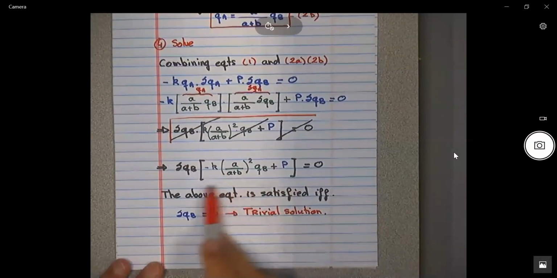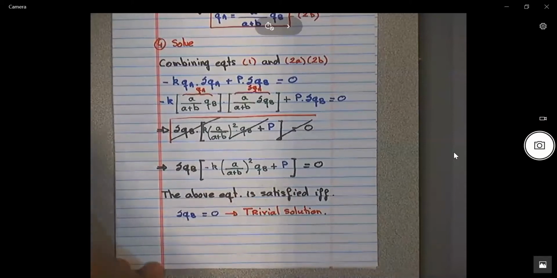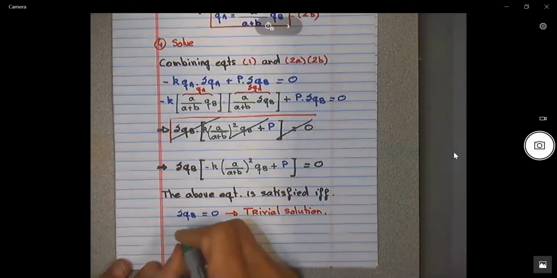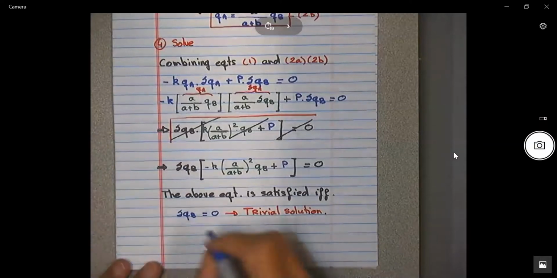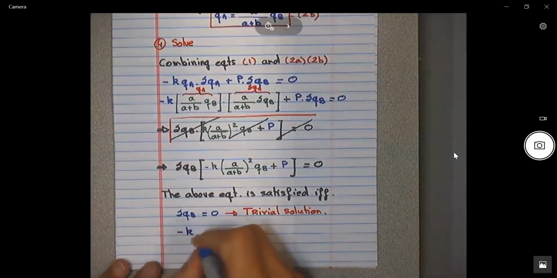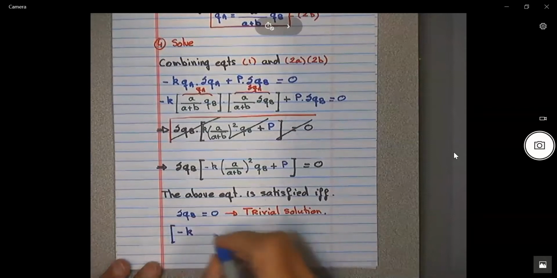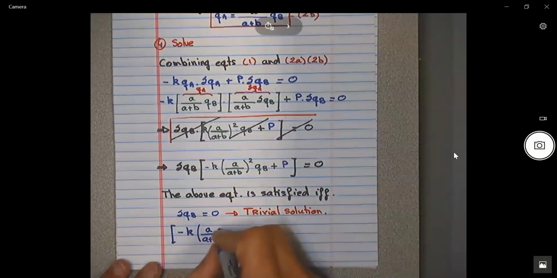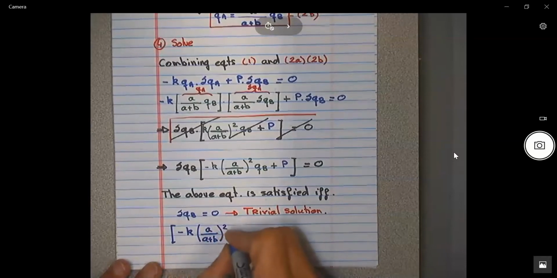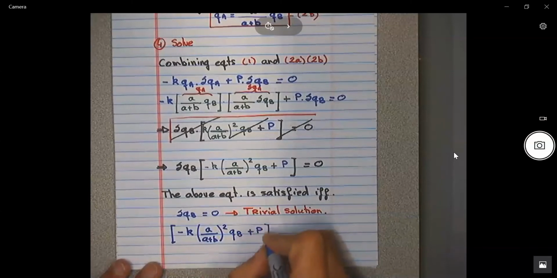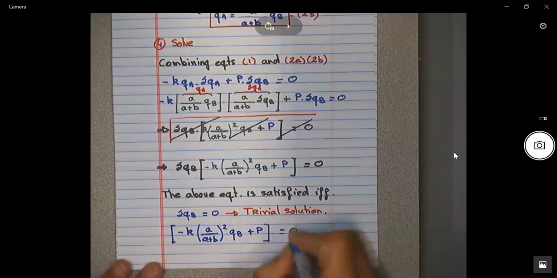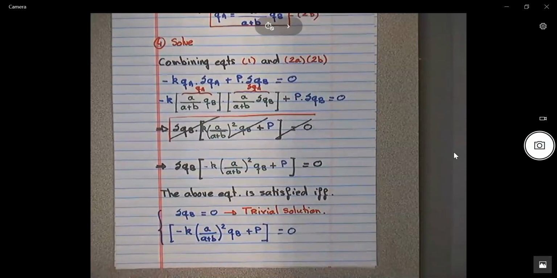The term within brackets is equal to 0. So you can write, or, minus K A over A plus B squared Q sub B plus P equal to 0.